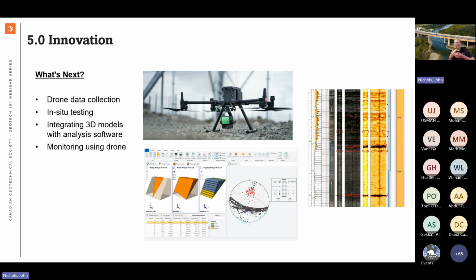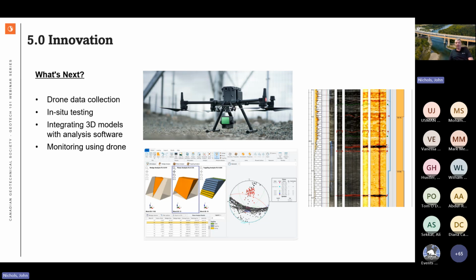I will also say, with innovations in situ testing, the availability of these downhole televiewers combined with other services, dilatometers and so on, it's really becoming a much easier tool to operate and cost effective. And with all that, integrating these into the software, some of these new softwares allow you to go straight from your drone to your structural kinematic analysis or stereographic projection, and then right into your analysis software.